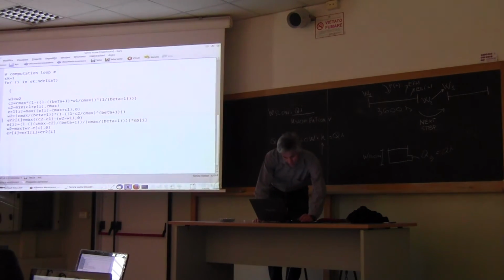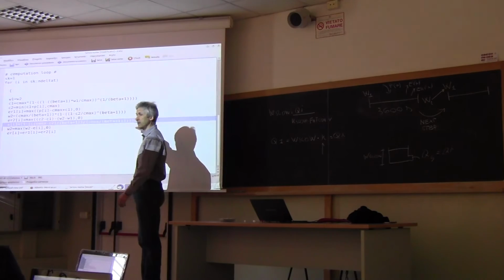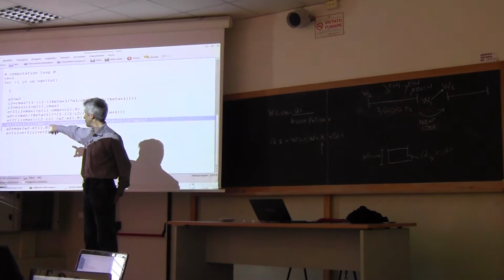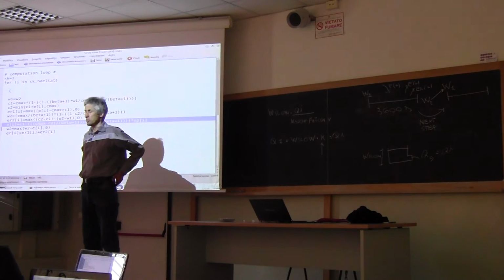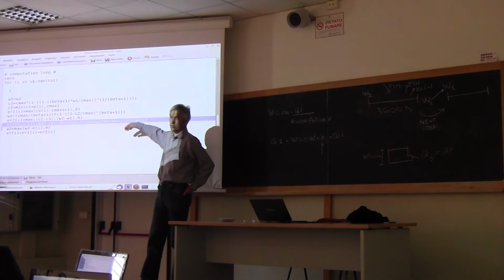Now let's move to the next line. Depending on the EP value, this is the computation of the effective evapotranspiration. Again, this is the relationship that I gave you yesterday for computing the effective evapotranspiration.